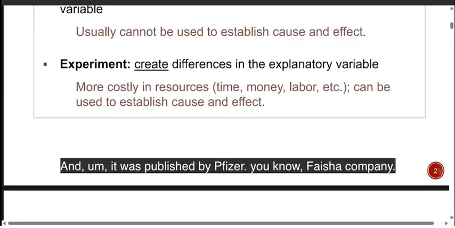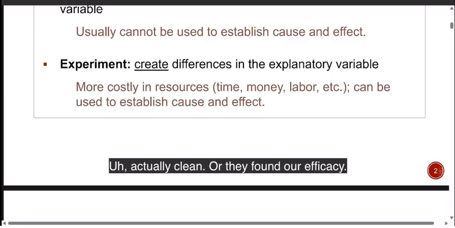Pfizer claimed they found a vaccine for COVID. I think they claimed 95% efficacy, and they explained how they arrived at 95%.